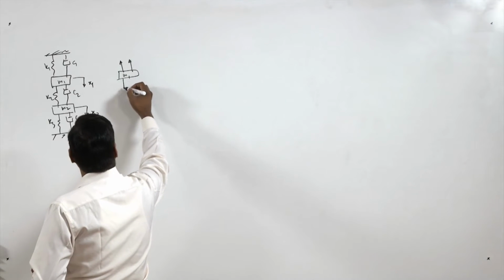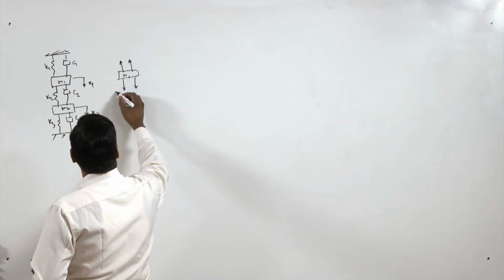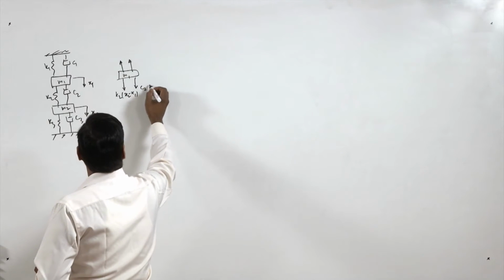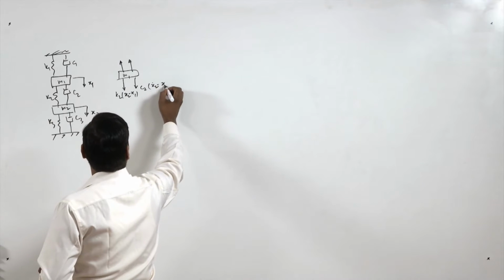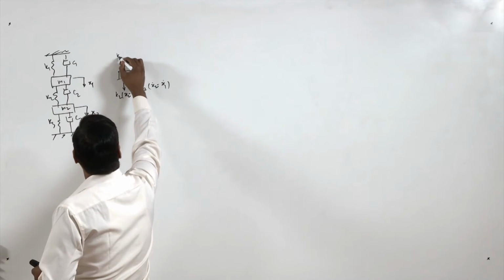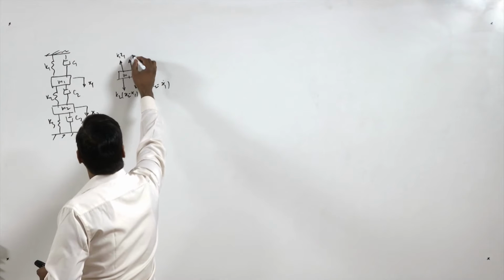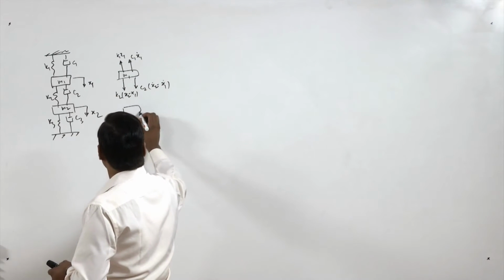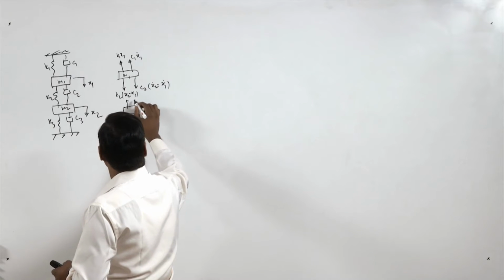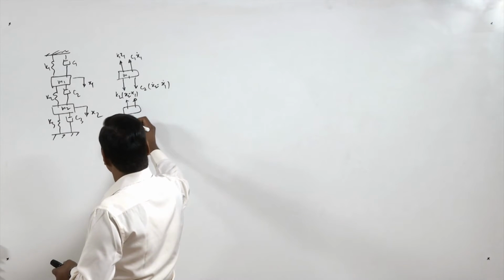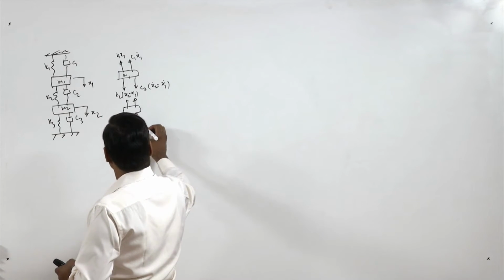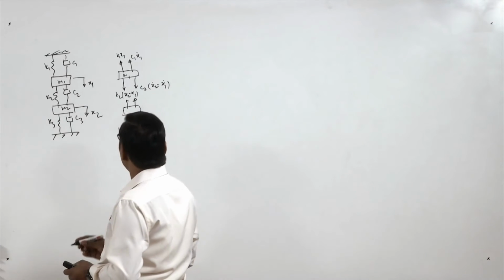And then similarly here we have these forces K2 (x2 minus x1), C2 (x2 dot minus x1 dot), and here K1 x1 and C1 x1 dot. Similarly, this mass will have the same forces in the opposite directions, and here these forces K3 x2 and C3 x2 dot.